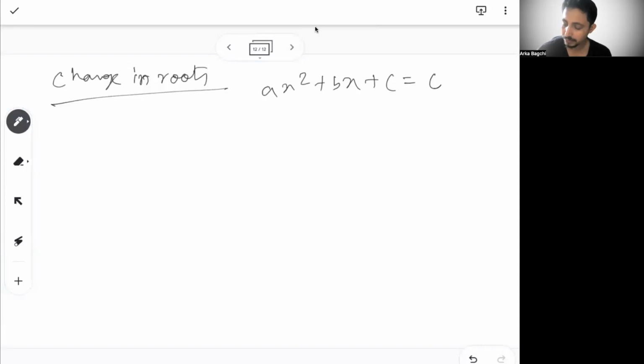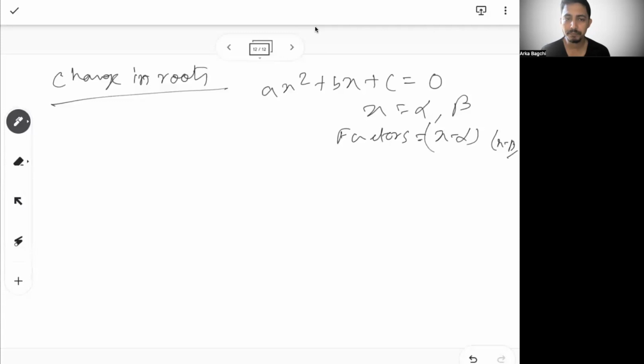So ax square plus bx plus c equal to 0, and let's say it has two roots, alpha and beta, right? Now, if alpha and beta are the two roots, then normally your factors become x minus alpha and x minus beta. So this is one part.